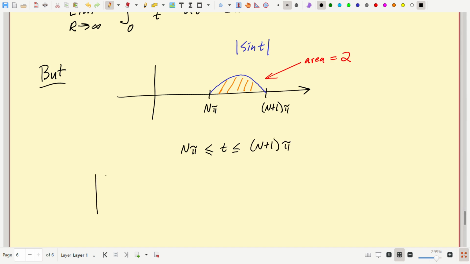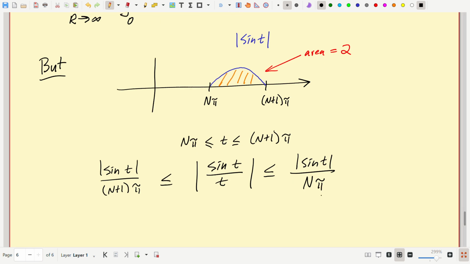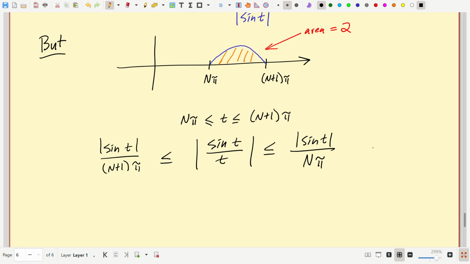So I claim that the absolute value of sine of t over n plus 1 pi would be less than or equal to the absolute value of sine of t over t, and that's less than or equal to the absolute value of sine of t over n pi on that interval.